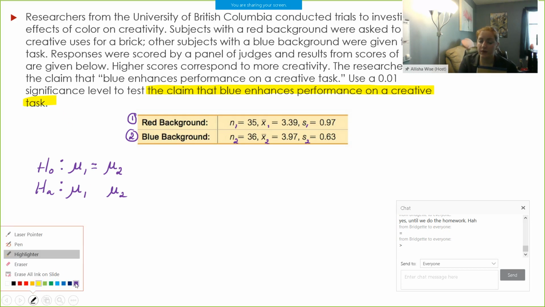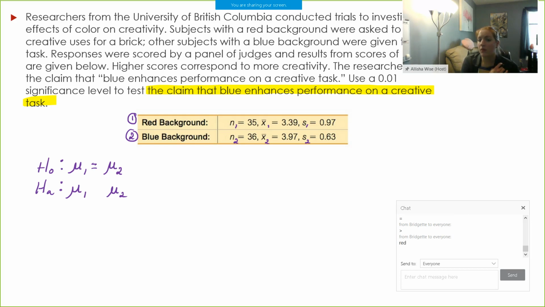So we have to be careful here though. The idea is, which creative score should be larger, red or blue? Their claim is that blue enhances performance, so blue should be greater. Does that make sense? Blue enhances, so blue should be greater. Blue should be a larger creative number.